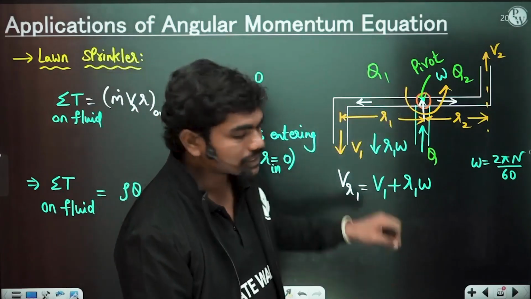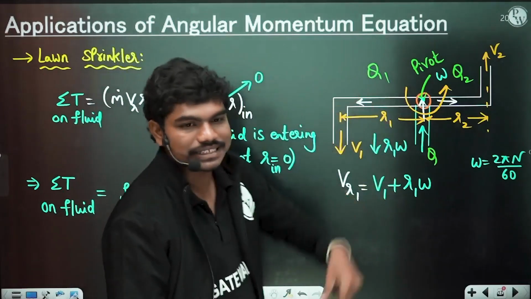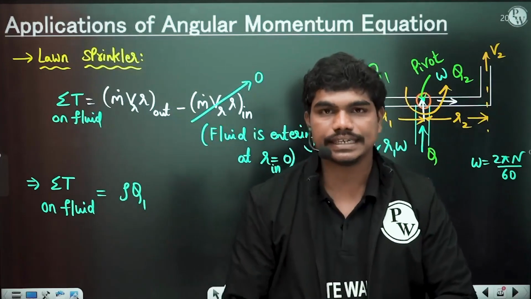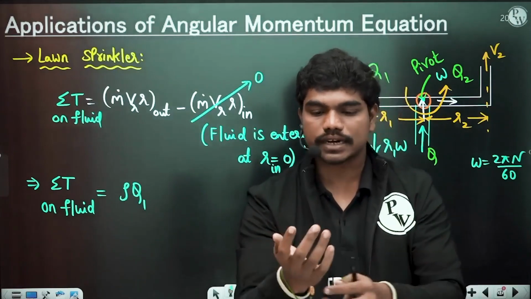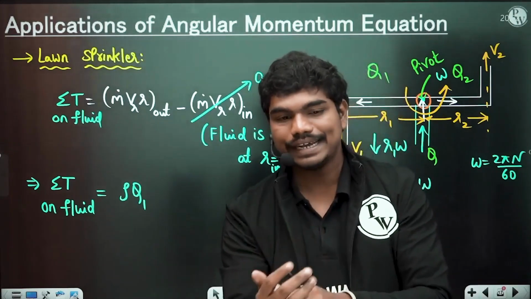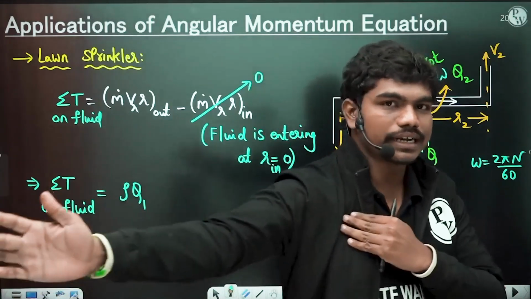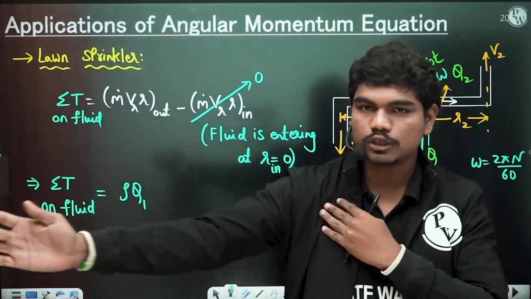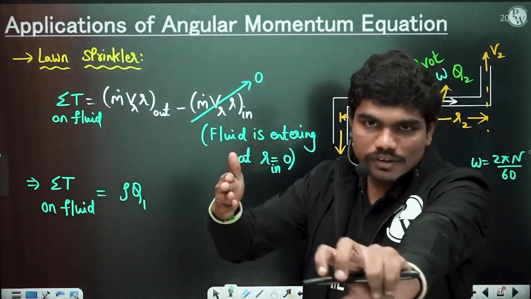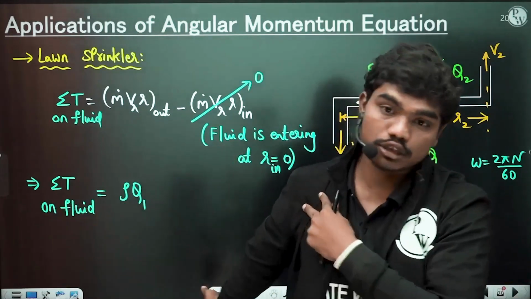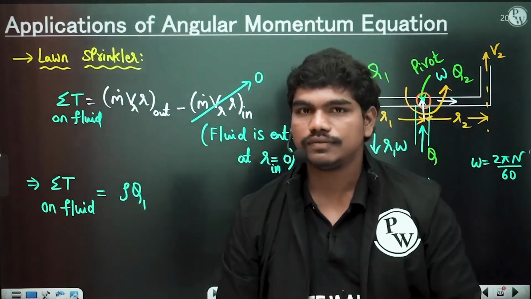Now, whenever this arm is also traveling in this direction, physically, if you forget about the vectors, what happens is this: I am the center of the sprinkler, and this is my arm, which is rotating like this. Fluid is trying to come out from this end, and the rotating arm is throwing the fluid with extra velocity. Understood physically what's happening?